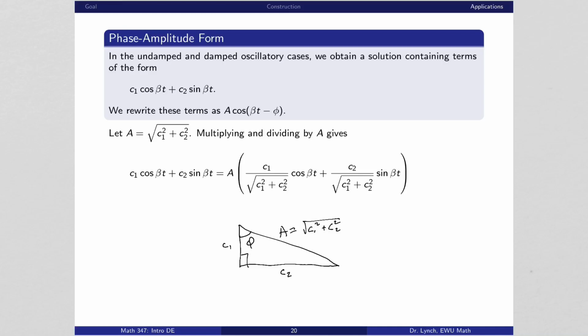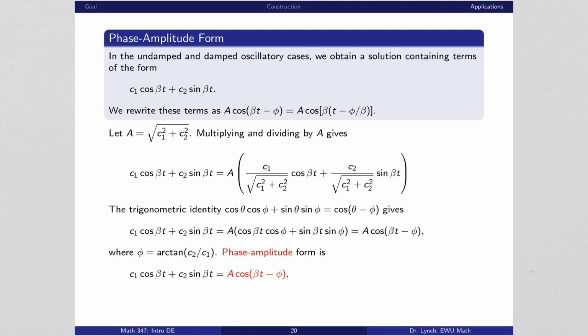So here I'll identify that angle phi to be the angle adjacent to c1, and we can go ahead and write the coefficient of the cosine beta t as cosine of phi, the coefficient of sine beta t as sine of phi. And a really old trigonometric identity that you may not remember, that you used once and probably forgot, is that that linear combination of cosines and sines can actually be written as a single cosine of a difference.